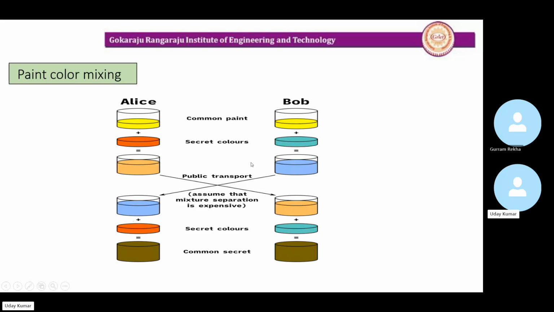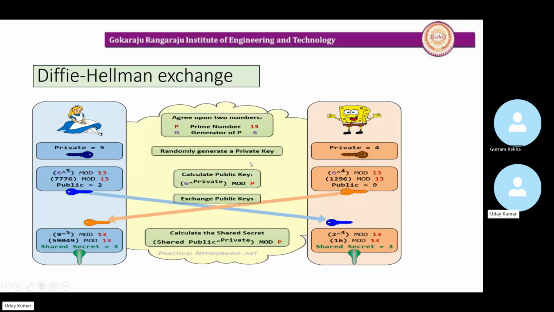The same process applies in Diffie-Hellman, students. Alice and Bob first agree upon the prime numbers, 13 and 6, for example. This is a private key 5, and this is a private key 4, right? Once you apply the formula, you get a public key 2 here, and a public key 9 here.